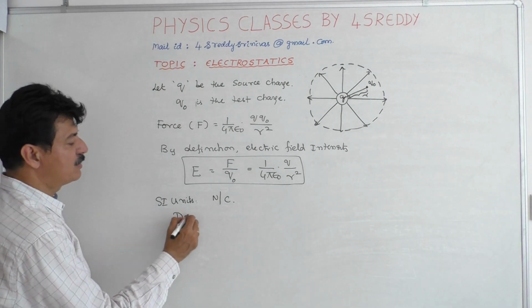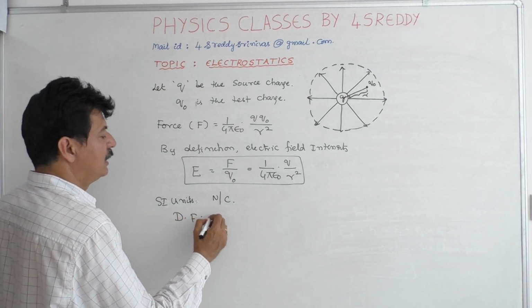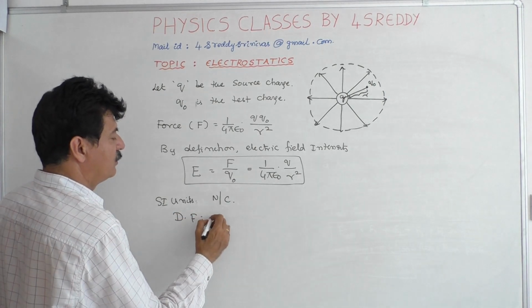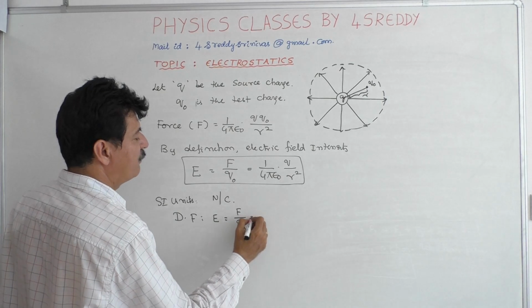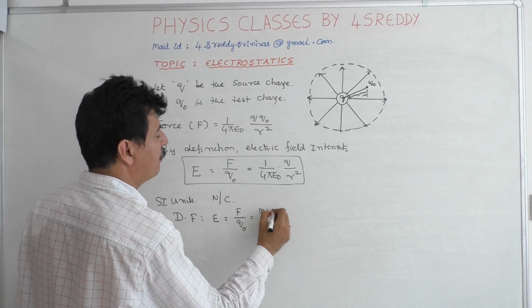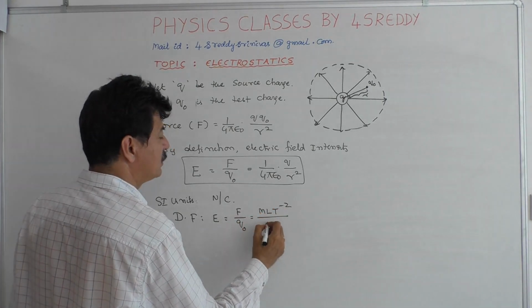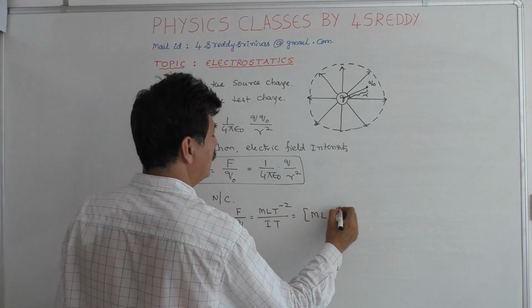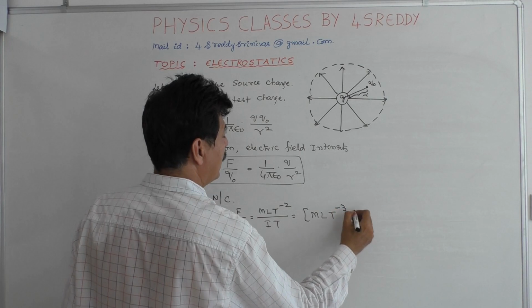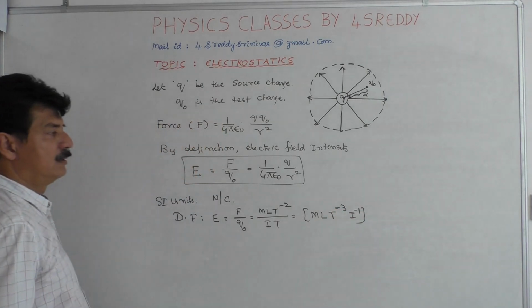And what is the dimensional formula? The dimensional formula for E is F by Q naught. F is given by M L T power minus 2, and charge is I T. Therefore, it is M L T power minus 3 I power minus 1.